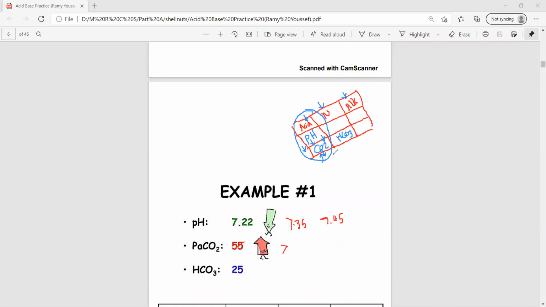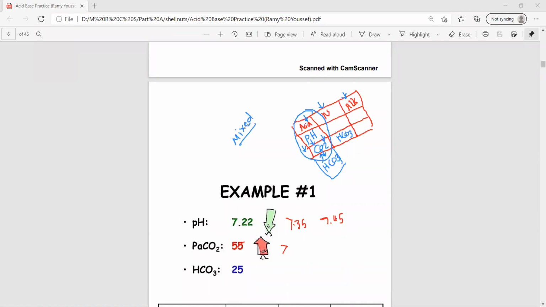However, if I found both of them here, what will it be? Mixed.